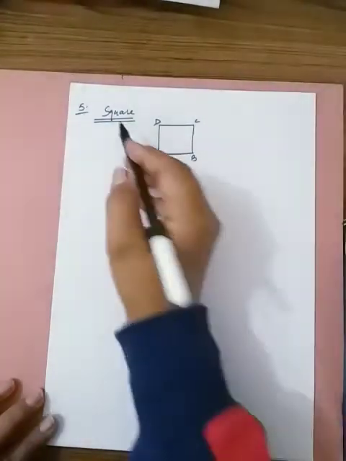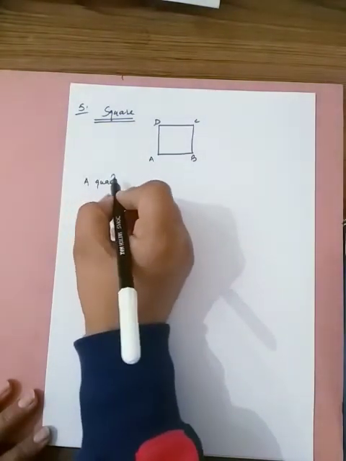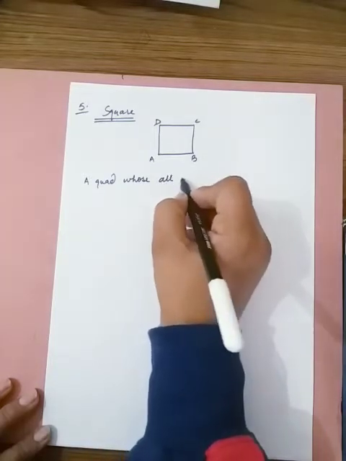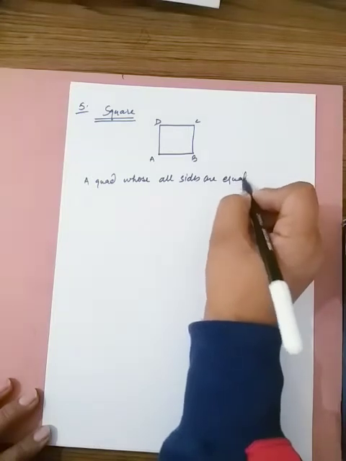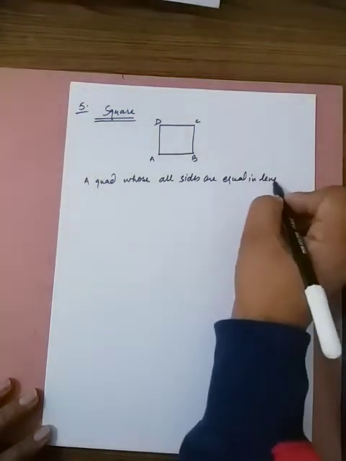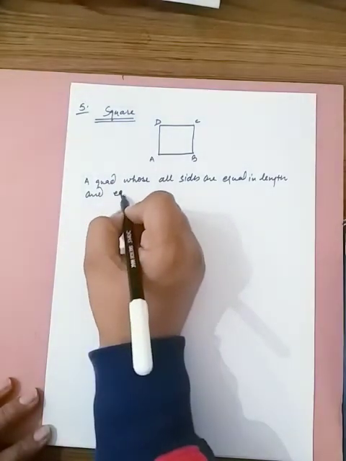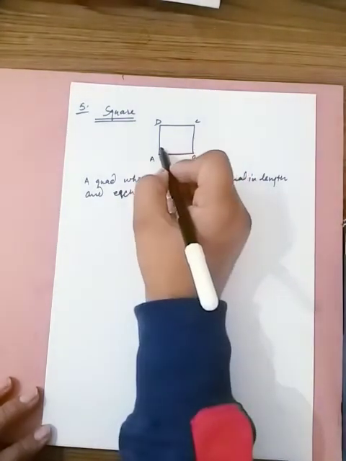Next quadrilateral is a square. So a quadrilateral whose all sides are equal in length and each angle is of 90 degree.